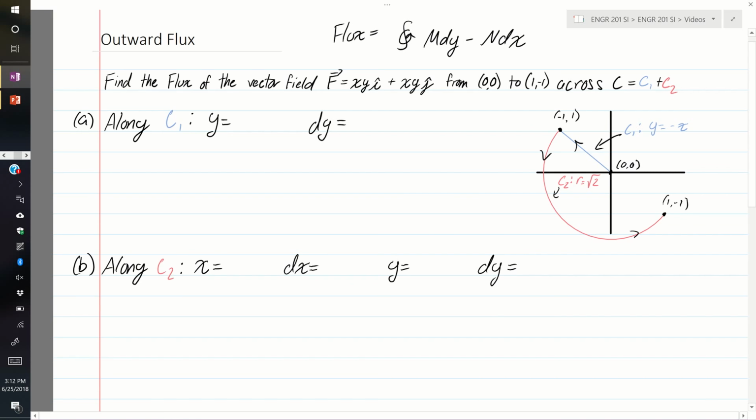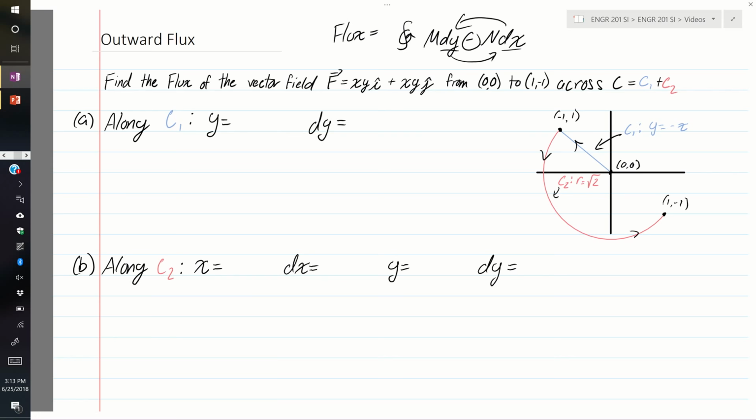But for flux, it's M dy minus N dx. I don't have any fancy way to remember it, but just note that you flip the dy's and dx's compared to circulation, and you change the sign from positive to negative. So if you remember one, then you can remember the other by knowing that these flip and the signs change.